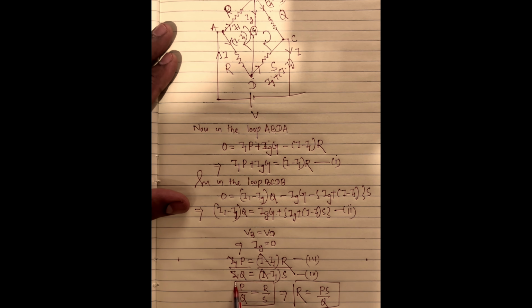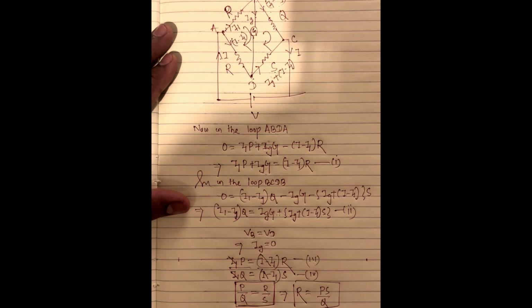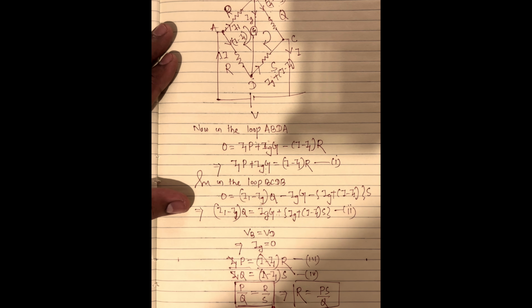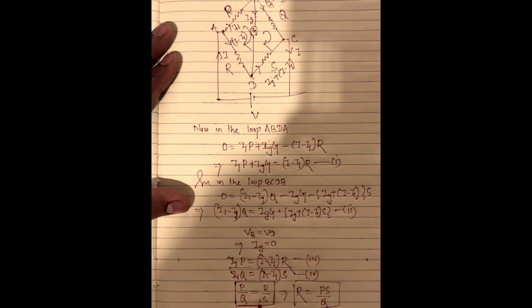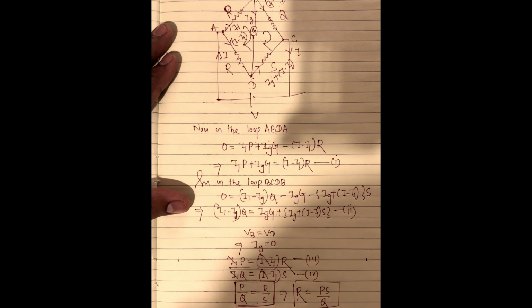Sometimes the question asks to derive the balanced condition, and sometimes to find the unknown resistance. If the question asks for the balanced condition, we have already derived it. If it asks for the unknown resistance, we write R is equal to PS upon Q.